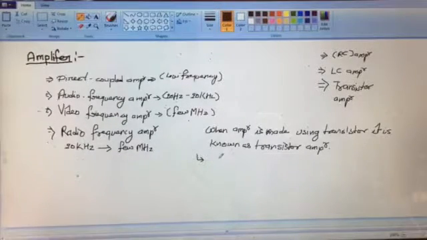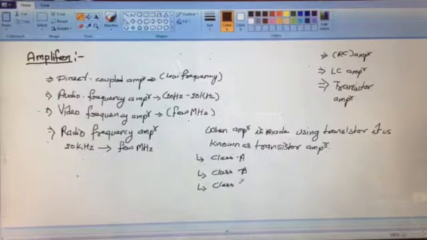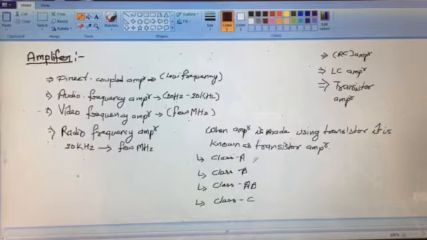So here we classify class A amplifier, class B amplifier, class AB amplifier, and class C amplifier.